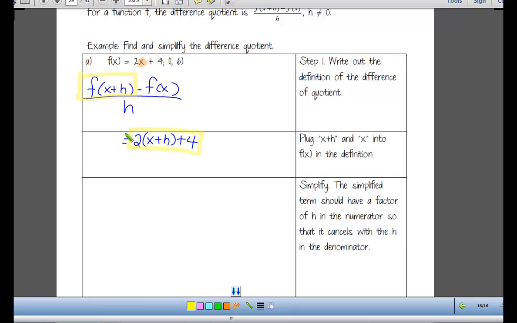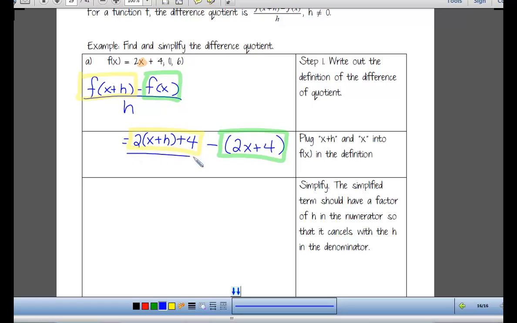Now I'm going to subtract from that f of x, so minus 2x plus 4, all over h. So we plugged it in. Everybody okay with how we plugged in? Because that's probably the trickiest part, making sure we plugged in correctly.